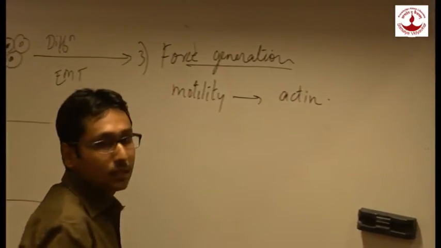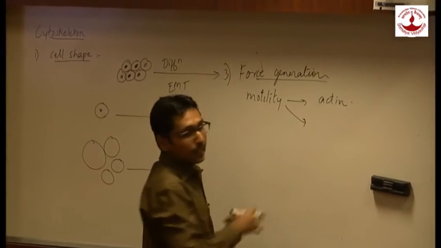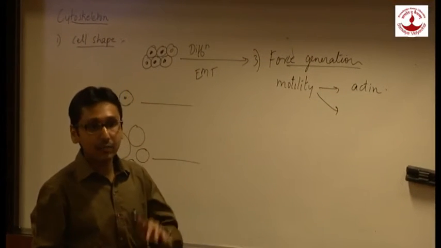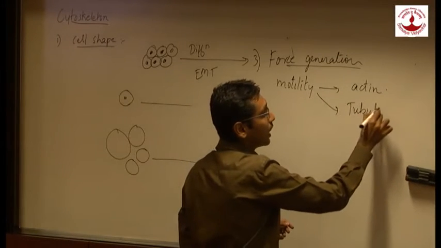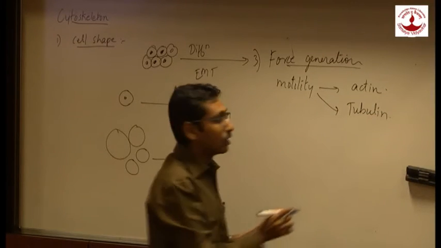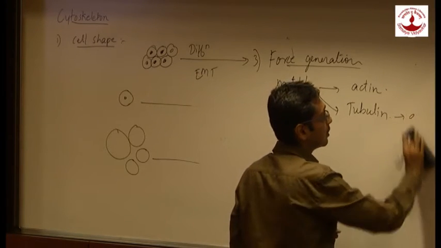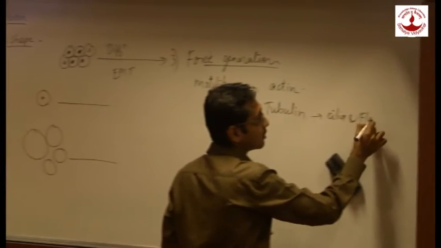So actin plays a role in motility. There is another type of motility due to the cilia and flagella. There the tubulin, another cytoskeleton element, plays a very important role.